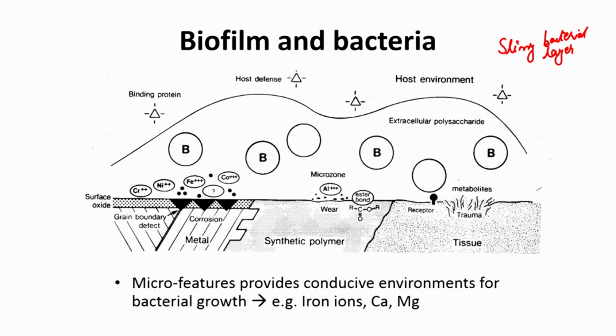And in this layer you can see there are several bacteria floating around. This could be dead or alive, and they have secreted lots of extracellular polysaccharides. Agarose is an example which I am hoping all of you must be aware of. Agarose is a very widely used polymer to run your protein gels, DNA gels, and separate them out.